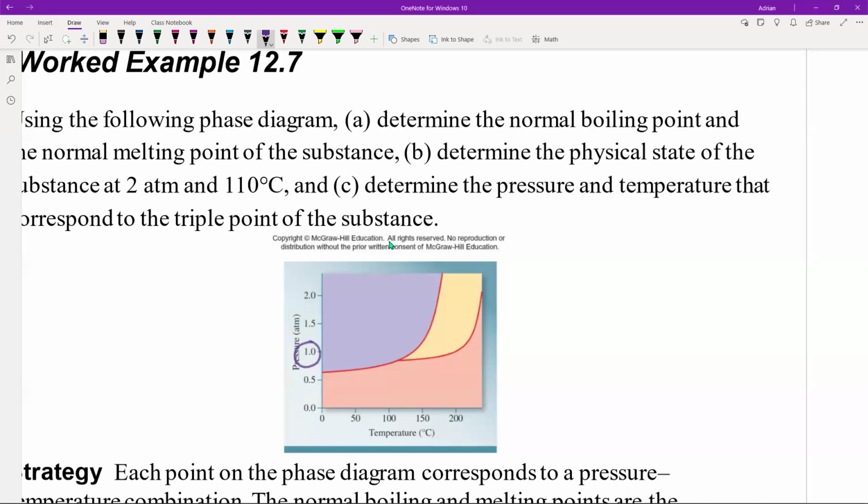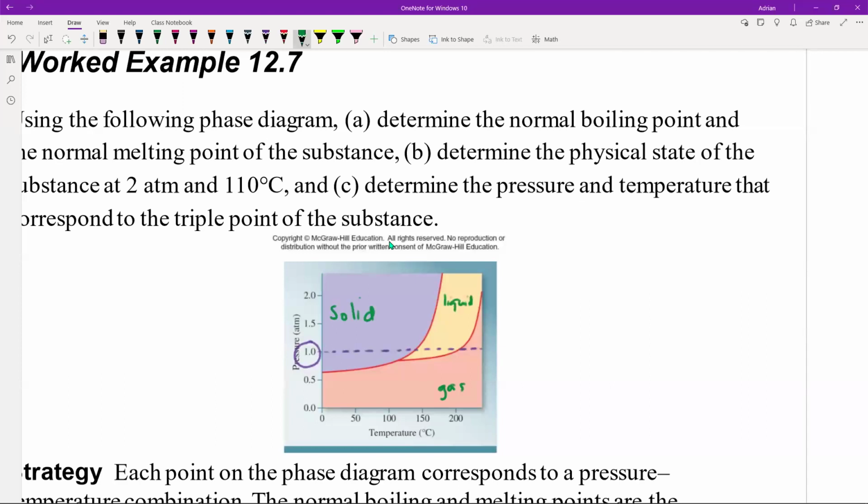We can draw a horizontal line all the way across our phase diagram until we encounter these phase boundaries. And then we also need to know what these different regions represent, right? Generally on the left side of the phase diagram, we're going to have our solids. On the right side, we're going to have our gases or vapor. And in between, we're going to have our liquids.